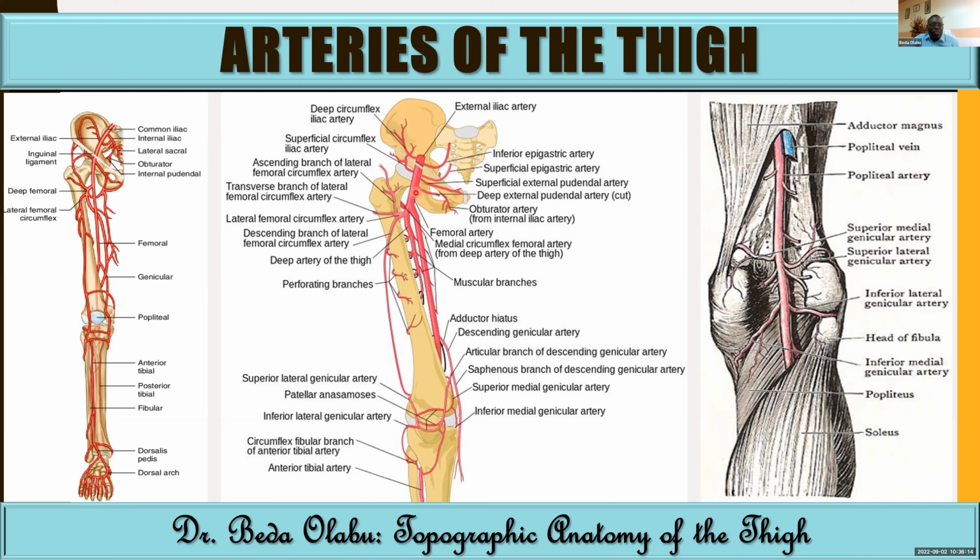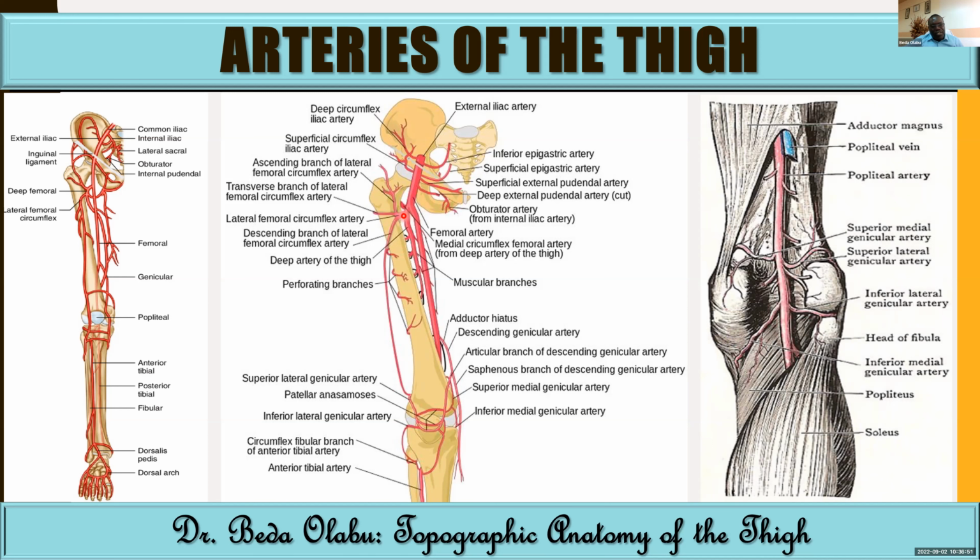So sometimes the medial circumflex may come from common femoral and lateral circumflex from the deep femoral, or the lateral circumflex may come from common femoral and medial circumflex from the deep femoral, or both come from common femoral, or both come from deep femoral. So either one or both may come from either common femoral or deep femoral. Remember, I didn't say superficial femoral.